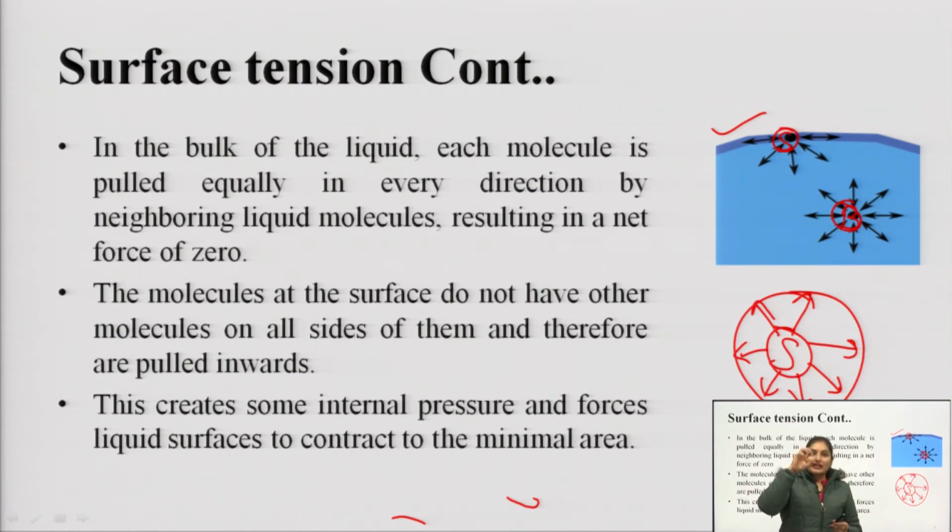When it tries to contract to minimum surface area, it will attain a spherical shape. Minimum surface area exists in a spherical shape.